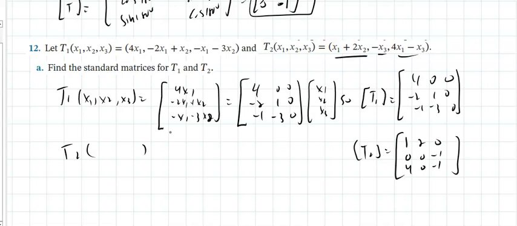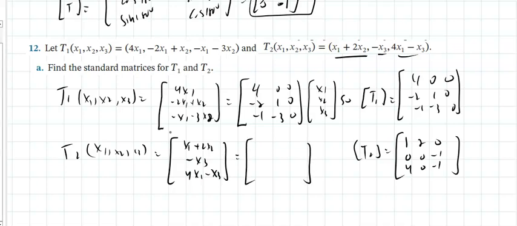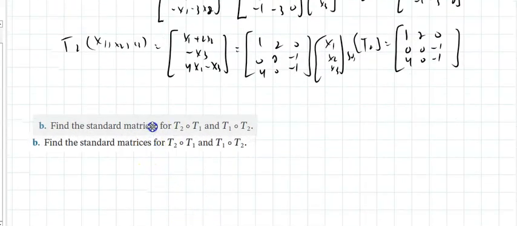And just to make sure that you know where this comes from, you list them out: x1 plus 2x2, negative x3, and 4x1 minus x3. And, you know, the list goes on. And you list them out, 1, 2, 0, 0, 0, negative 1, and 4, 0, negative 1. And that's really how you find those. It's not even that much work.